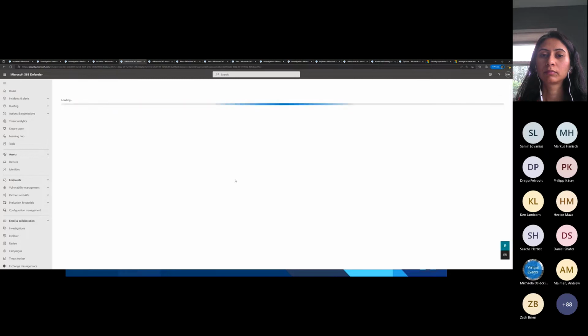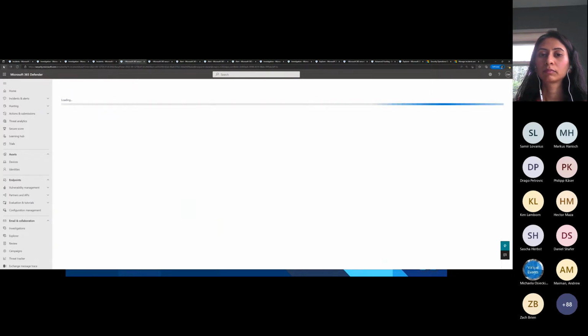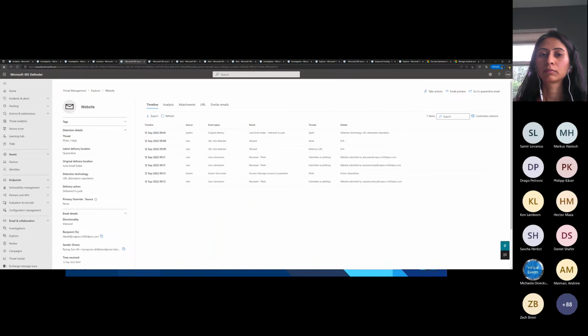You can just render the preview here, and it will load the message, and you can see that this was the individual message I'm investigating, and this is how it looked. Sometimes checking with your eyes can give you more confidence whether this is bad or good. Tommy also showed some examples of this.